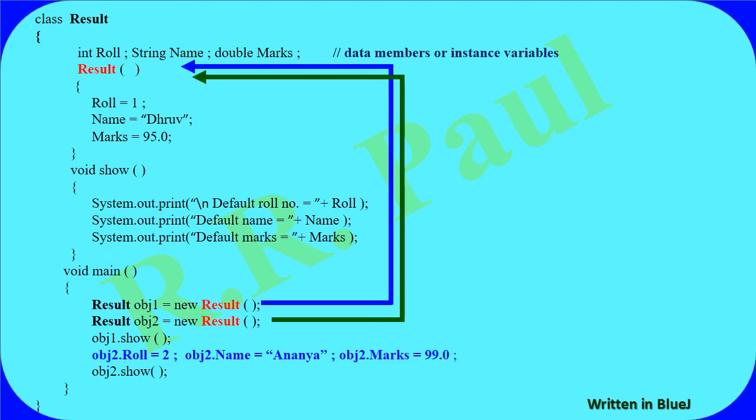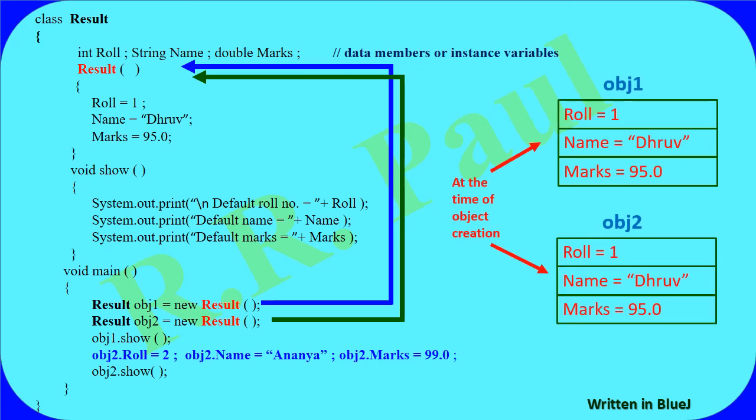Then we have a show function, then main function, and in main function we can see two objects are created. The name of the class is result and the constructor name is also result, as you can see, and two objects are obj1 and obj2. So this is the way objects are created.